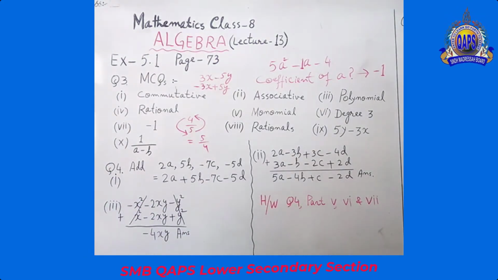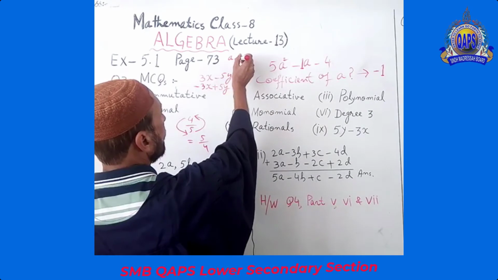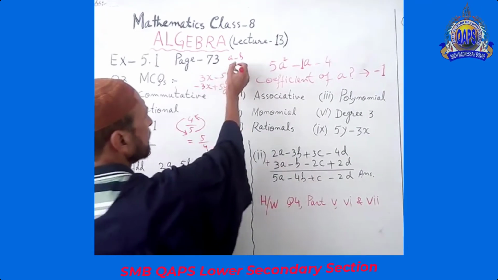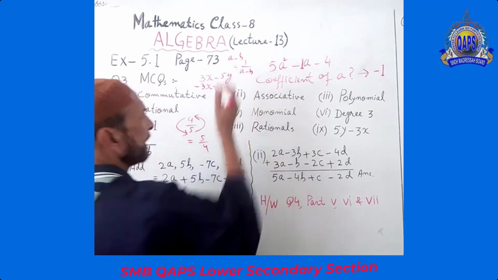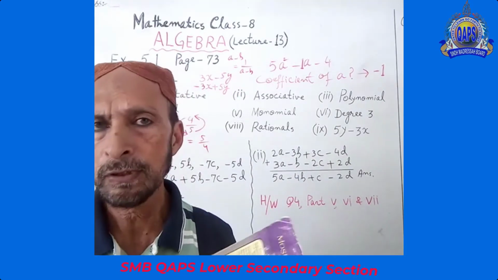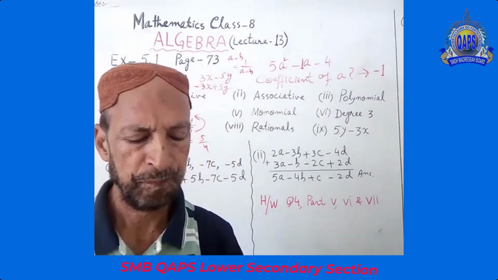So, over here, a minus b multiplicative inverse, that will be 1 upon a minus b. I have done all the parts of this question.